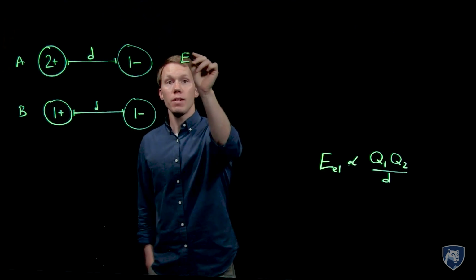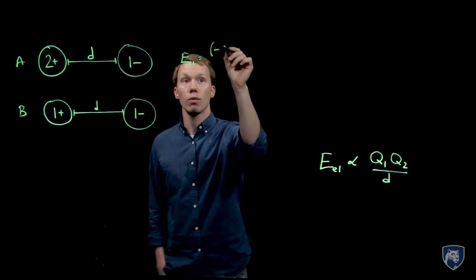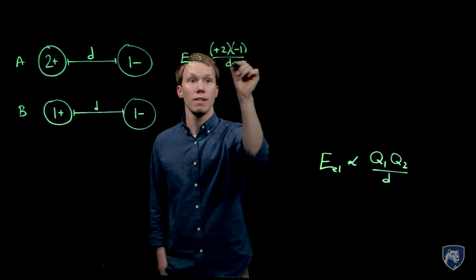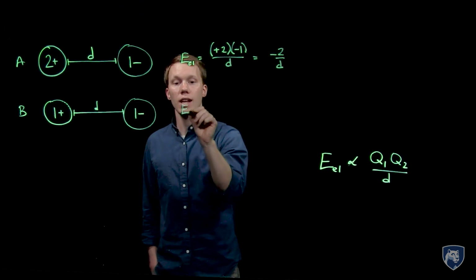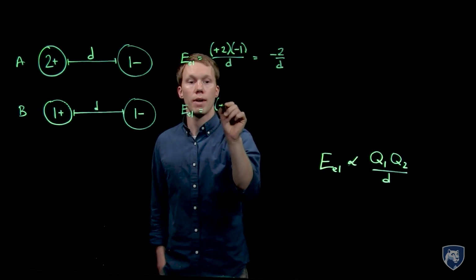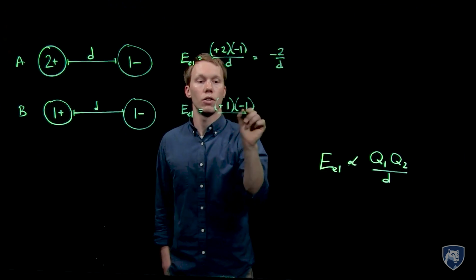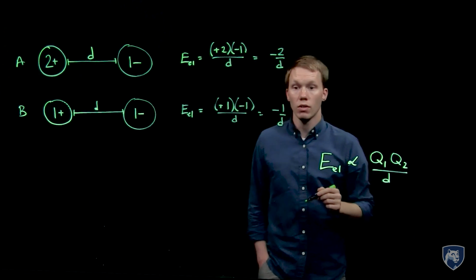If we use the same approach, the electrostatic potential energy here will be +2 times -1 over d, or -2 over d. And then the electrostatic potential energy here would be +1 times -1 over d, so this would be -1 over d. So which one is larger?